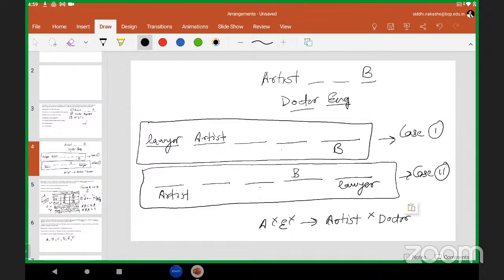So the next condition is the teacher is sitting exactly between C and D. So that means we can say this is C, between there is a teacher, and then it is D. But we don't know, it can be D and C as well.